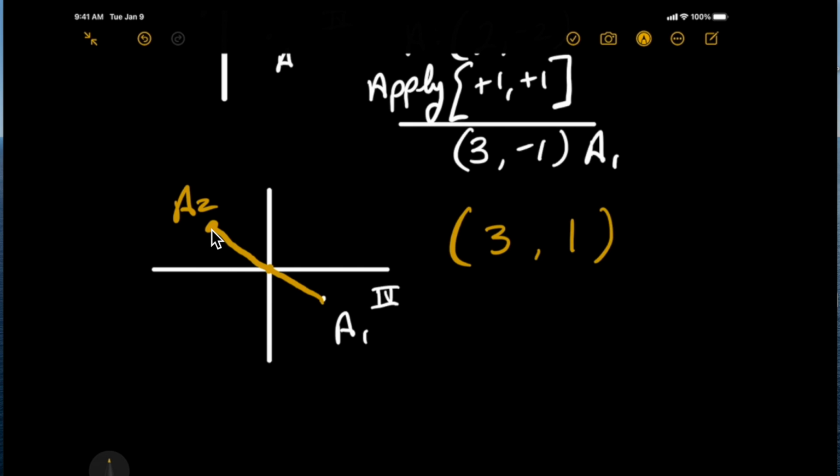I look at them at the end, after I've done my rotation of 180 degrees. I ask myself, where is the point after the rotation? Which quadrant is it in? A sub 2 is in none other than quadrant 2. In quadrant 2, the x value has to be negative and the y value has to be positive. Otherwise, it wouldn't be in quadrant 2. Okay, so these are the coordinates of our a sub 2.